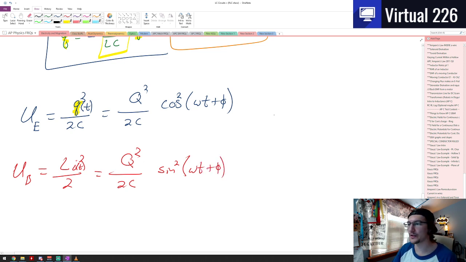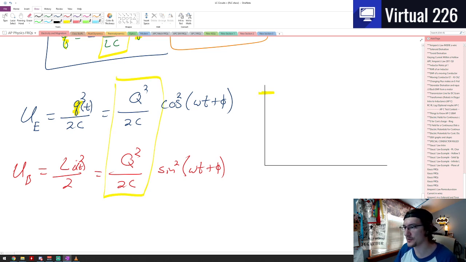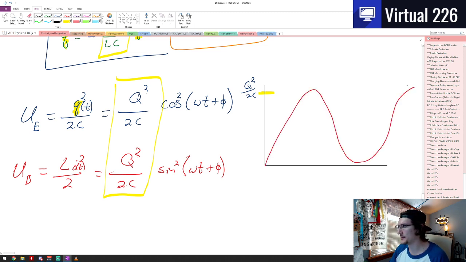What this will really represent for us is that essentially we're going to have the same peak for both of these. They're going to have the same amplitude, this Q squared over 2C. So let's just put that point up here. This is Q squared over 2C. But they're going to oscillate differently. One of them will start at 0 and then go up, down, up, down.